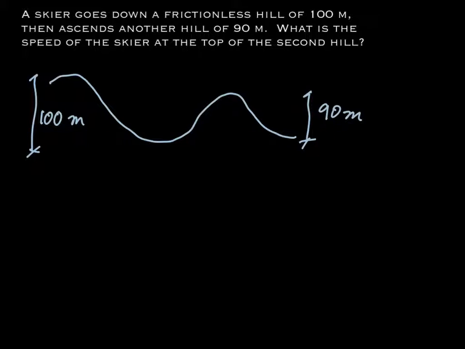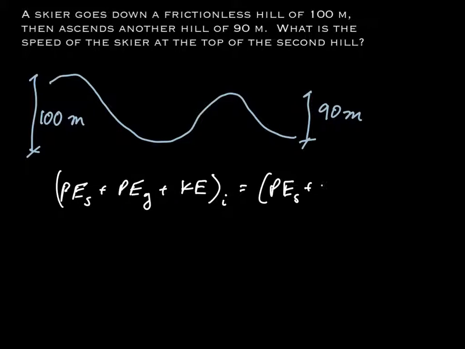So if we write out our big long equation where we have all of our types of energy, this is before, and then we have all of this stuff after as well. We can look at what actual energies we have before and after this skier starts to ski.